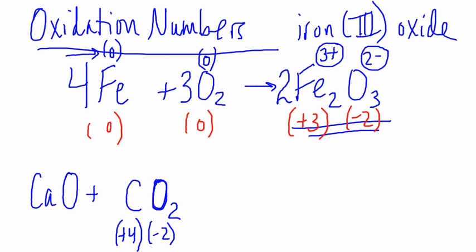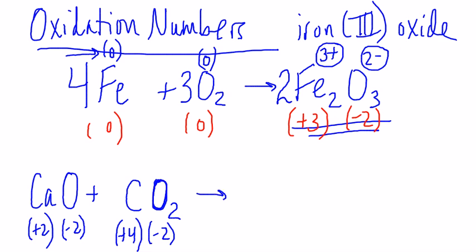Again, let's do the actual oxidation numbers of these. Now, calcium oxide is an ionic compound, so the oxidation number is the charge on each atom. Calcium being +2 and oxygen being -2.